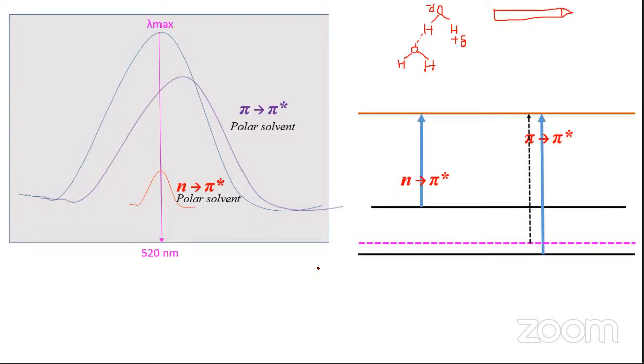Now, if we compare the same situation of putting non-interacting electrons, that are non-bonding electrons, in polar solvent, what will happen to those electrons according to you? Now imagine this situation, that some of your friends fall into the category of pi electrons, that means interacting electrons, while you fall into the category of non-bonding electrons, that is, you don't like interaction.